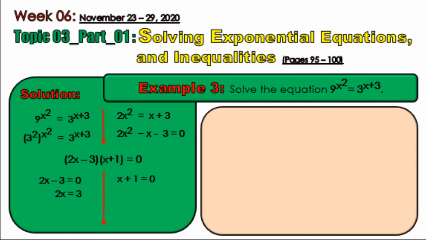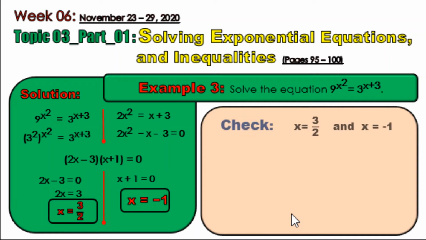So applying the addition property of equality, we have 2x is equal to 3. We will divide both sides of the equation by 2, and therefore our x is equal to 3 halves. Next, for the second equation, x plus 1 is equal to 0. Applying the addition property of equality, we have x is equal to negative 1. So for this particular exponential equation, we have two values of x, 3 halves and negative 1.